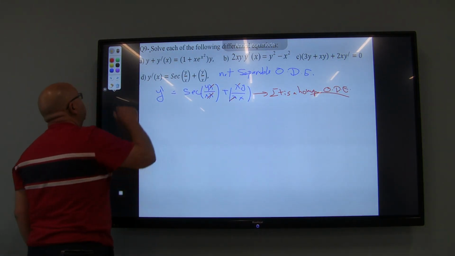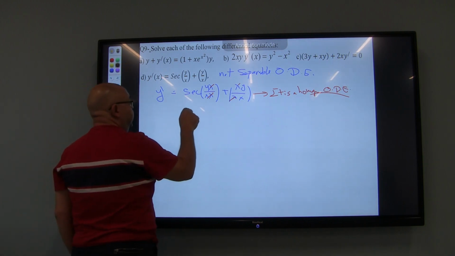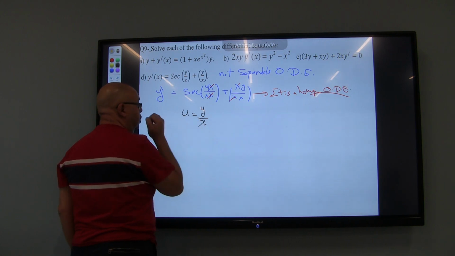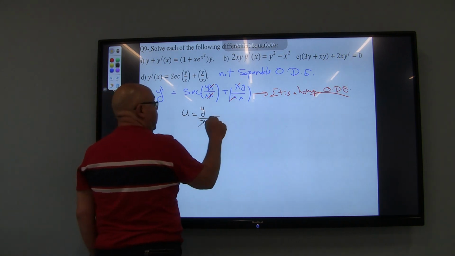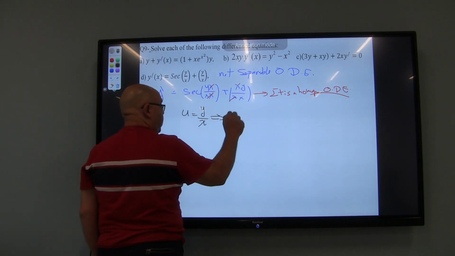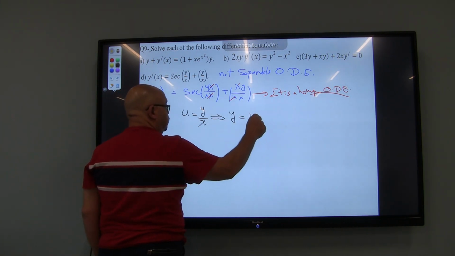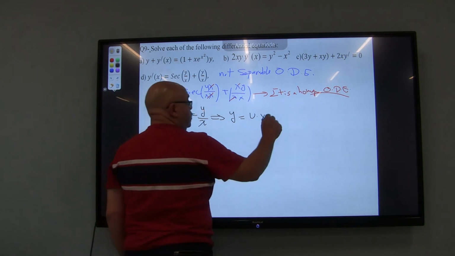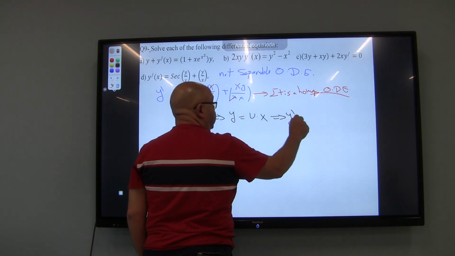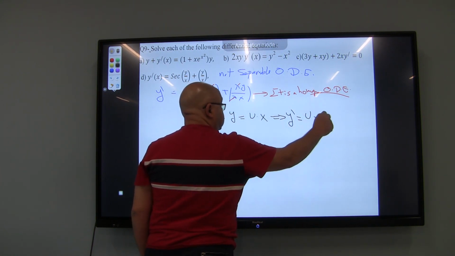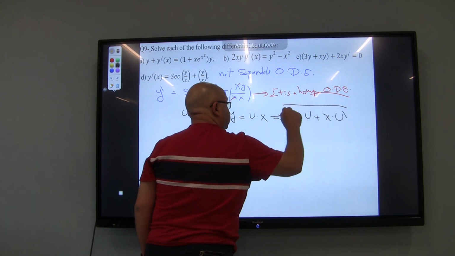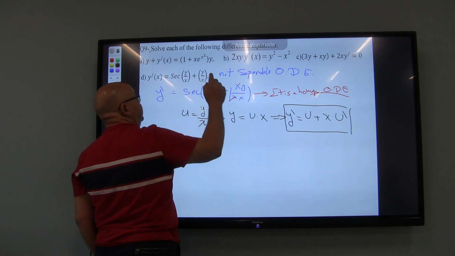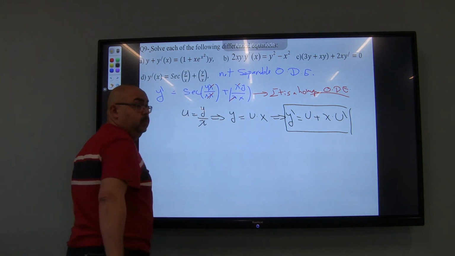So here I will start solving. Remember, I will say let u equal y over x. Then I will say y, by cross multiplication, y equals u times x. Start differentiating. So you will end up having y dash equal to u plus x times u dash. I will take these substitutions and substitute in y dash.